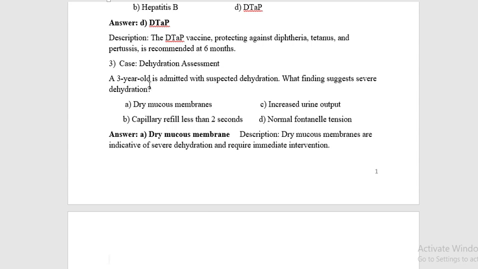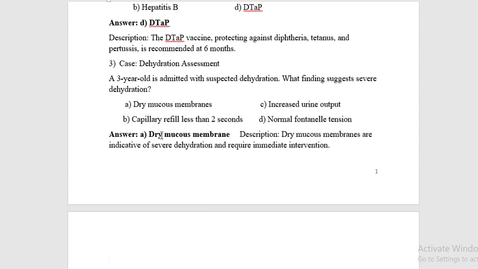Question number 3. Hydration assessment. A 6-year-old is admitted with suspected dehydration. What findings suggest severe dehydration? Choice A, dry mucous membranes. Choice B, capillary refill less than 2 seconds. Choice C, increased urine output. Choice D, normal fontanelle tension.